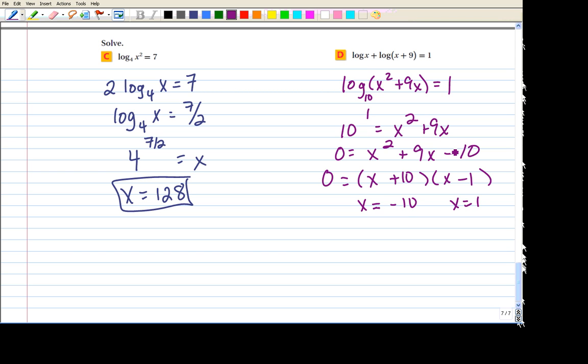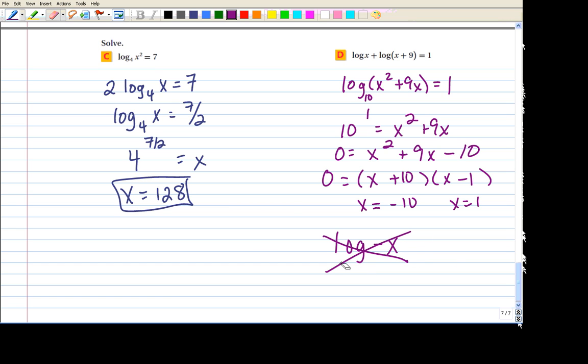Now there's something important that you need to do here. And really you should be doing this all along, but it's especially important because this scenario is why you must check your answers. Remember, we've talked about if you have log of any negative number, that is not okay. That would be considered undefined and would not work.